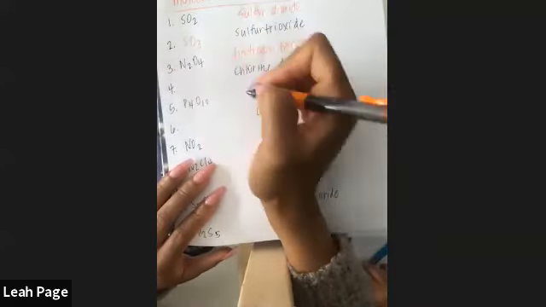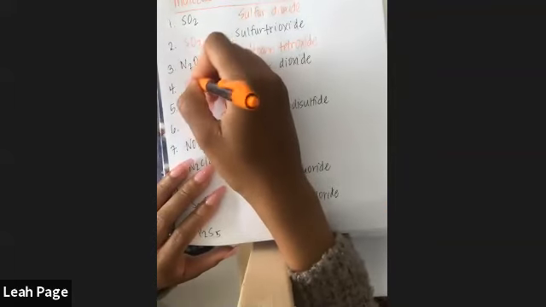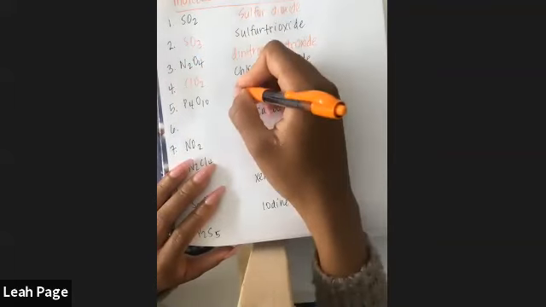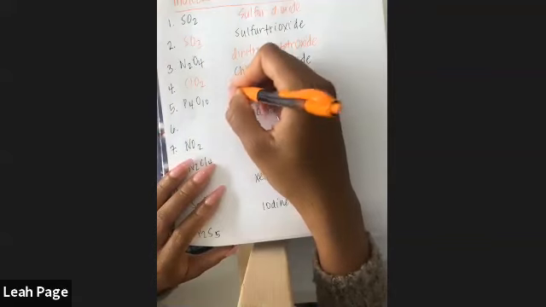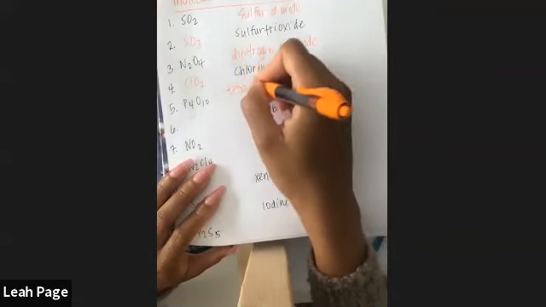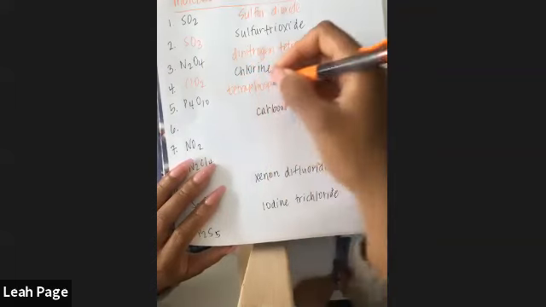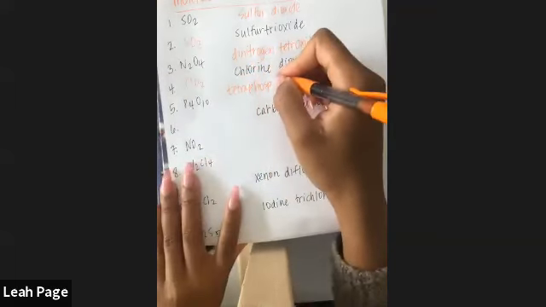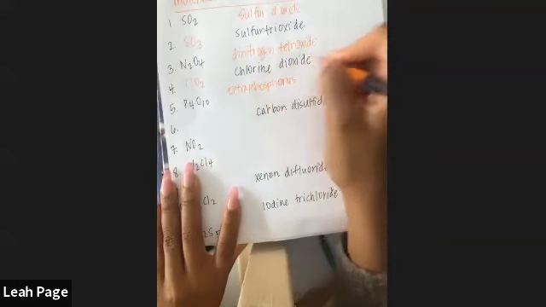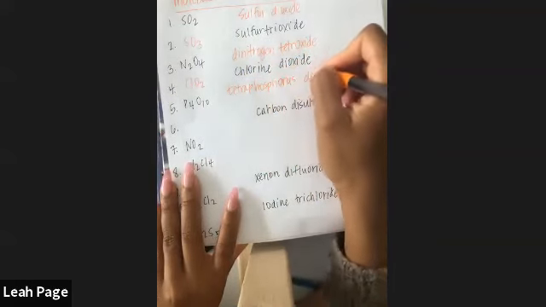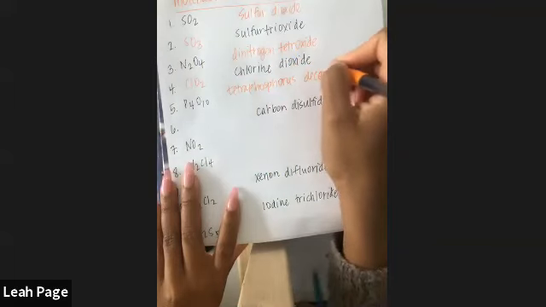All right, number 4, what's its formula? ClO2. Number 5, tetraphosphorus decaoxide, or decoxide, like that.